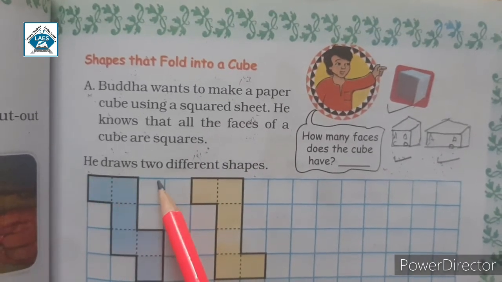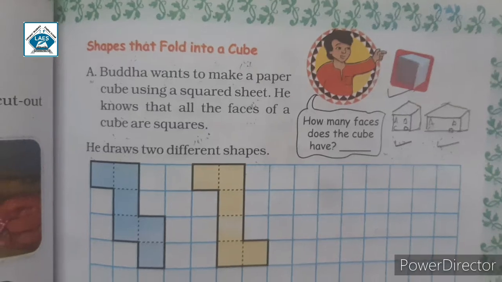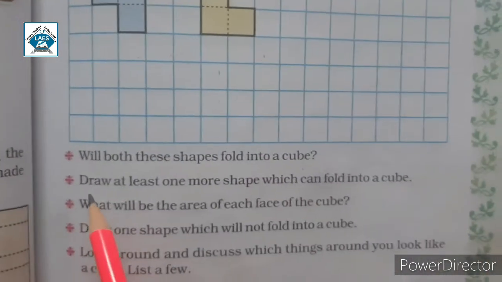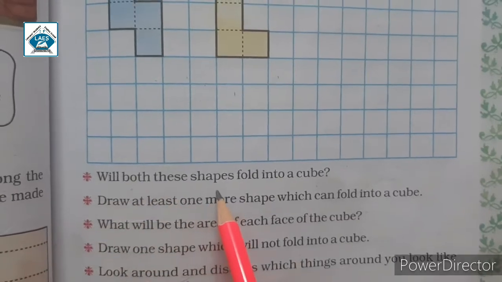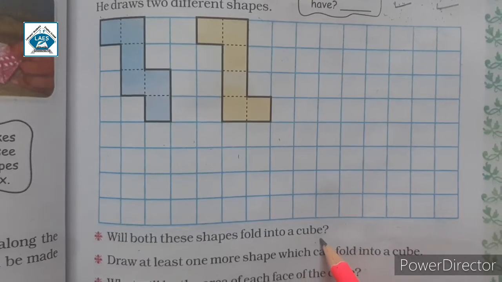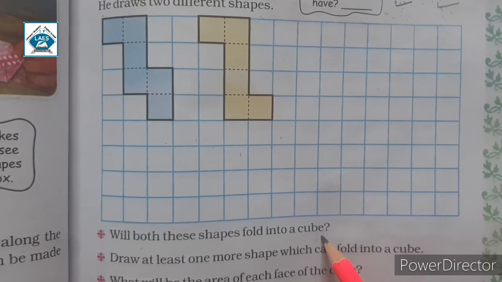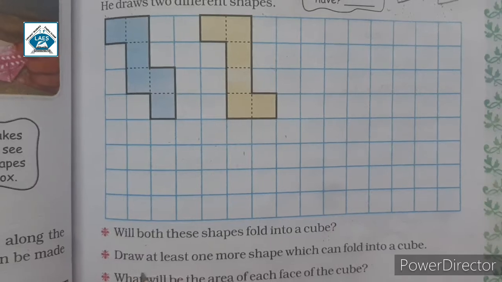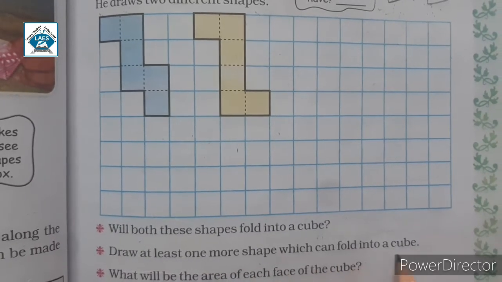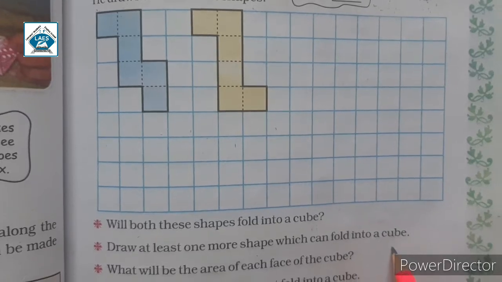Now he draws two different shapes. These two shapes. Will both these shapes fold into a cube? Yes, both the shapes can be folded into cubes. Draw at least one more shape which can fold into a cube.